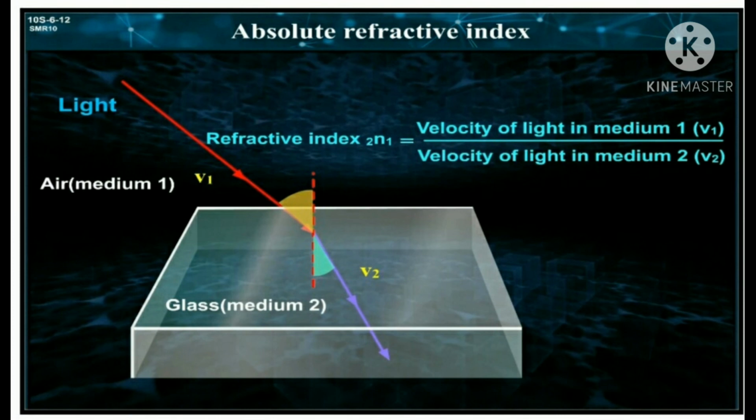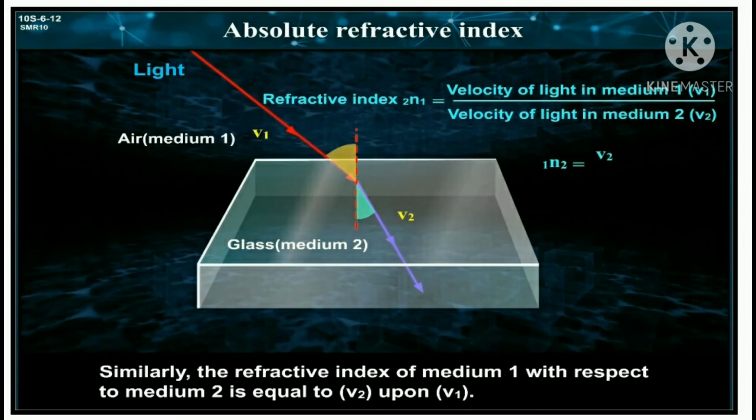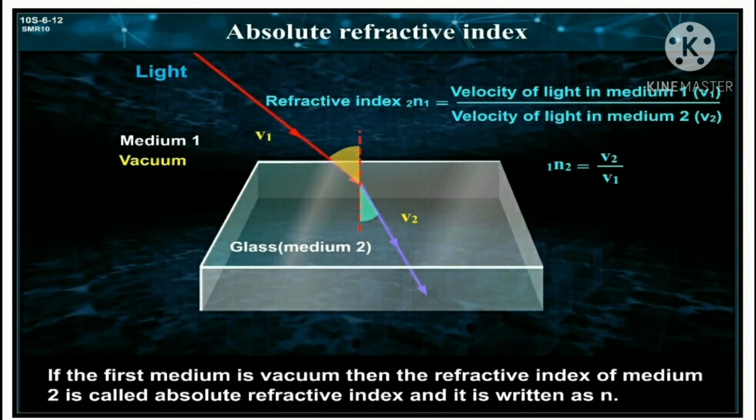So n21 is equal to v1 upon v2. Similarly, the refractive index of medium 1 with respect to medium 2 is equal to v2 upon v1. If the first medium is vacuum, then the refractive index of medium 2 is called the absolute refractive index and it is written as n.